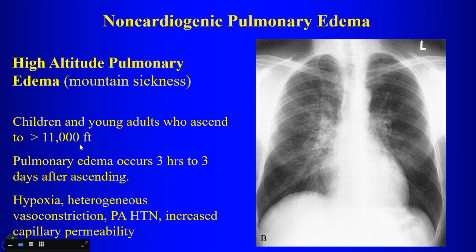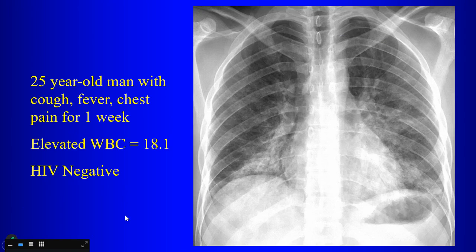At elevation greater than 11,000 feet, pulmonary edema can occur 3 hours to 3 days after ascending. It's thought to result from hypoxia and heterogeneous vasoconstriction, PA hypertension, and increased capillary permeability. But of course, the history is arriving someplace at high altitude and then developing pulmonary edema shortly after arriving there.